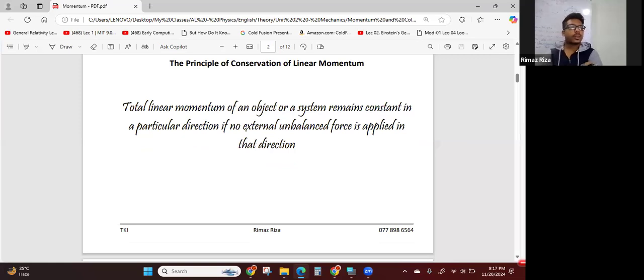Okay. So it says the total linear momentum of an object or system remains constant in a particular direction if no external force is applied in that direction. Okay. So first you can write down the principle and then I will explain to you.